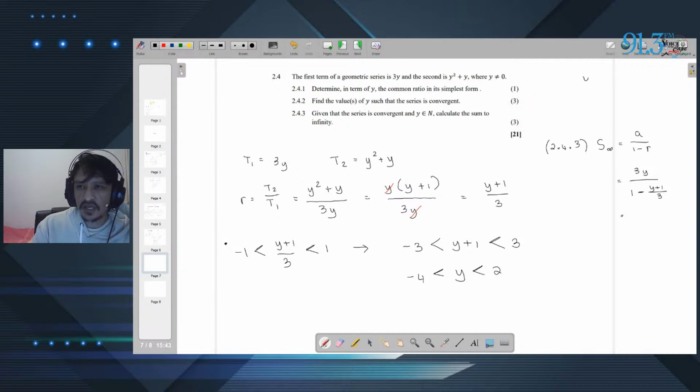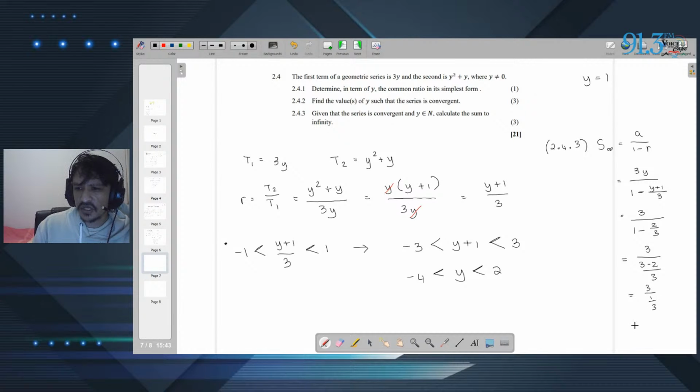So we can say, okay, let's let y equal 1. Right? So we can go in here and we can just substitute 1. So we'll get 3 over 1 minus 2 over 3. This is going to equal 3 over 3 minus 2 over 3. That's going to be 3 over 1 over 3.